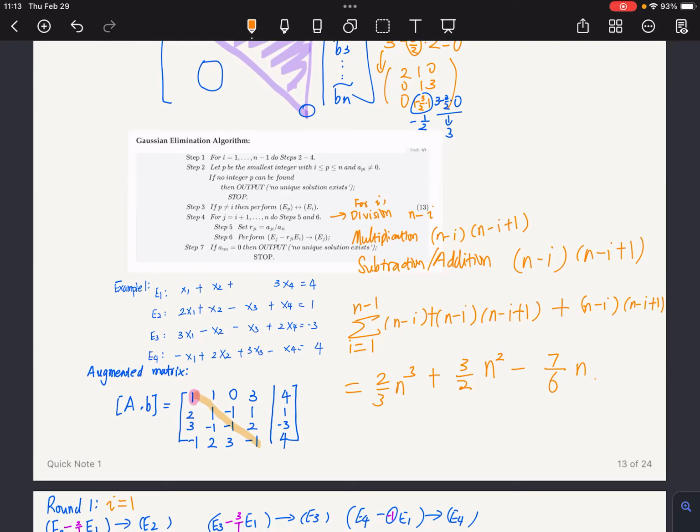So we just focus on the biggest term, and we say that the Gaussian elimination algorithm needs O(2/3 n cubed) operations. Because if n is very big, the other terms are insignificant, we just keep this term. This is how we count the operations in the algorithm.